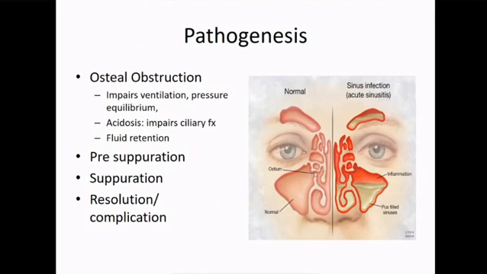So this ostium is meant for ventilation, mainly ventilation. And it disturbs pressure equilibrium. And then eventually it causes acidosis here because of CO2 retention. And this acidosis will impact the ciliary function.